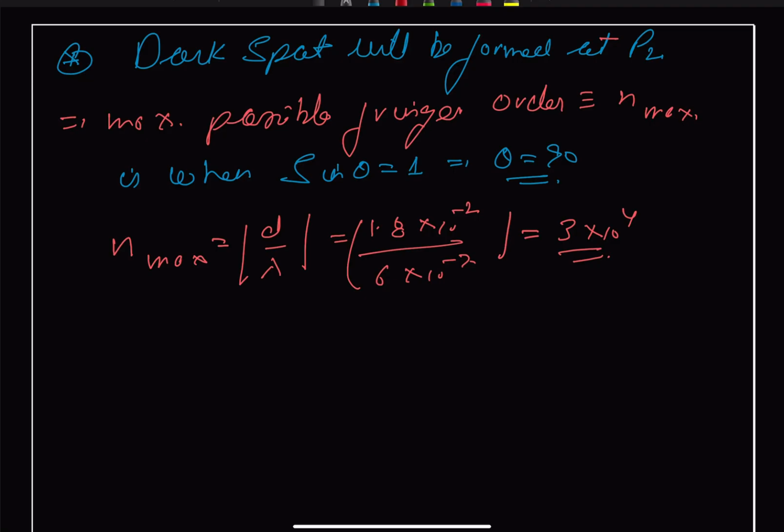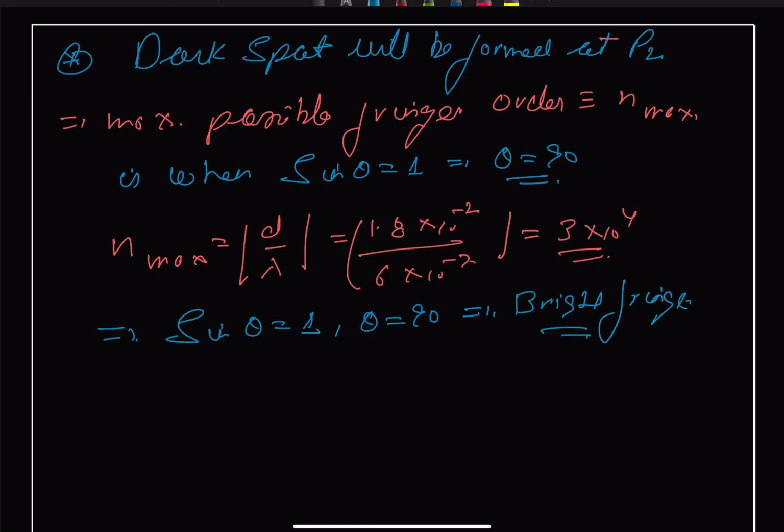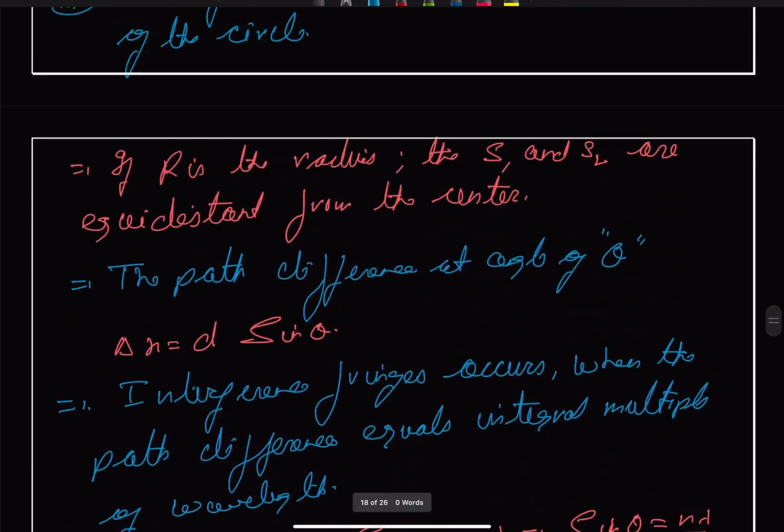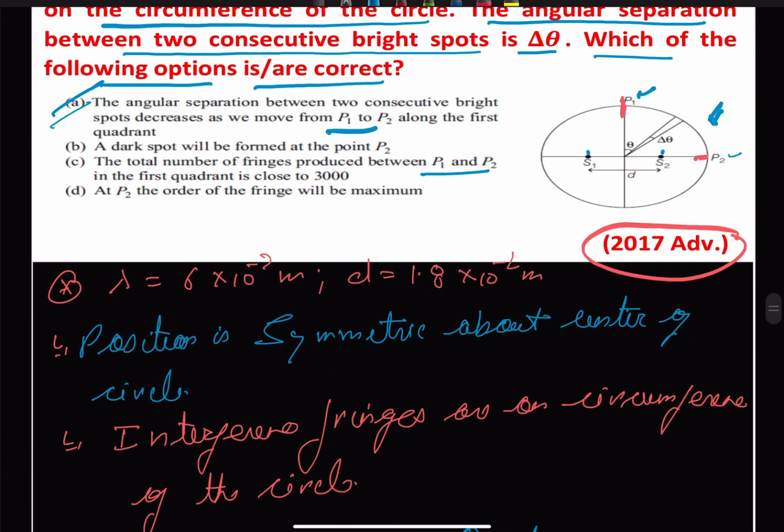At sine theta equal to 1, or theta equal to 90, we are going to get a bright fringe. Therefore, this option is incorrect. So the option about P2 is incorrect.